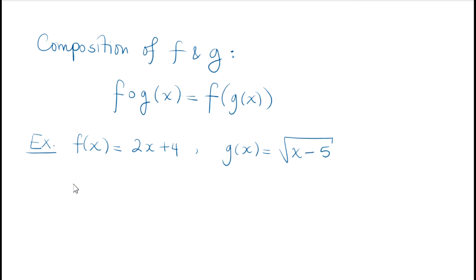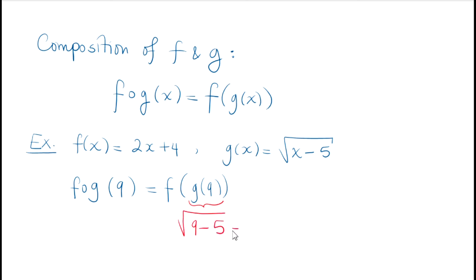Now let's say you want to find f composed with g of, let's say, 9. So that means you're looking at f of g of 9. First, as you can see, you need to find the inner value, g of 9. That's going to be the square root of 9 minus 5, which is the square root of 4, which is 2.